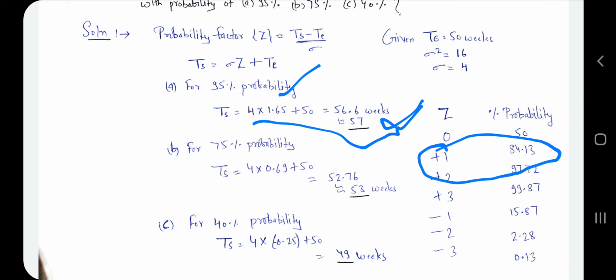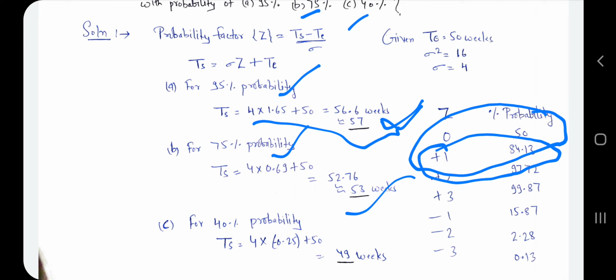We do the same for 75% and 40%. For 75% you consider the values 0 and 1. With the help of the interpolation formula we find the value 0.69. Calculating, we get 53 weeks.